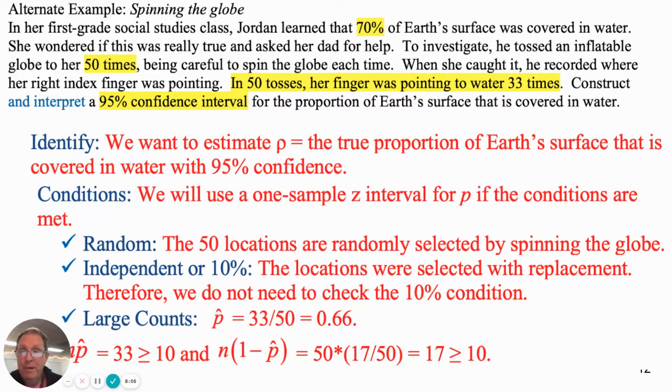Large count: well, my p-hat is 33 out of 50, which is 0.66. So I have to take n times p-hat. That's 50 times 0.66, which gives me 33, which is greater than 10. And n times 1 minus p-hat, which is 50 times 17 out of 50, which is 17. So both are greater than 10. We've met that condition.